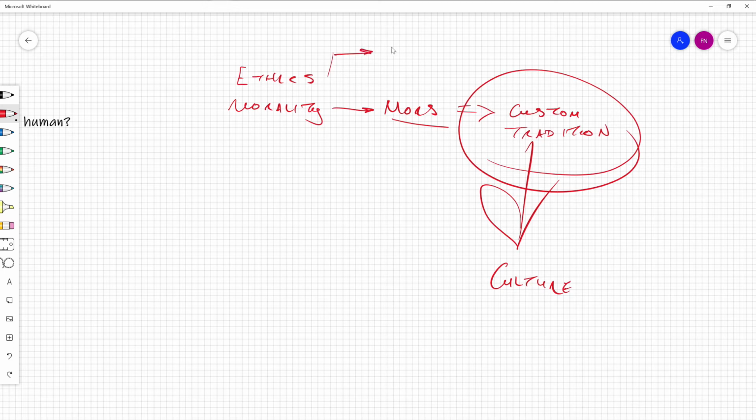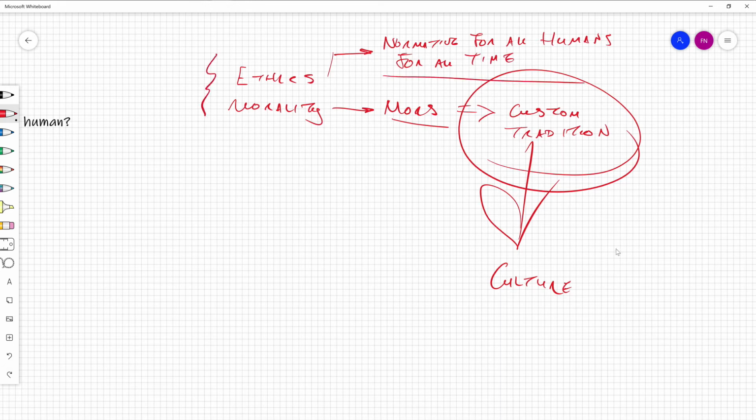Ethics, on the other hand, is normative for all humans for all time. We will, throughout the course, be drawing a continued distinction between these two.